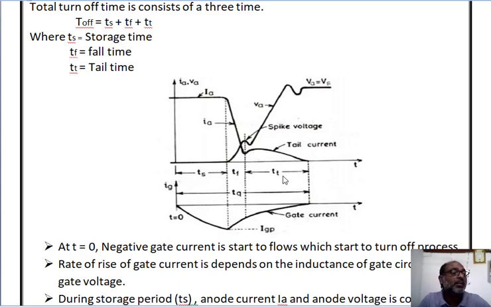The anode current IA and the anode voltage VA reach their turn-off values. After the end of this tail time, the value of tail current becomes 0, and a transient overshoot occurs in the anode voltage due to the RS and CS, and after this it reaches the off-state value.